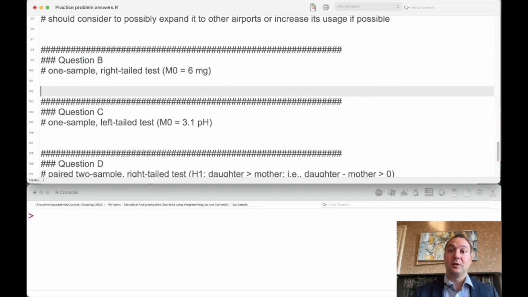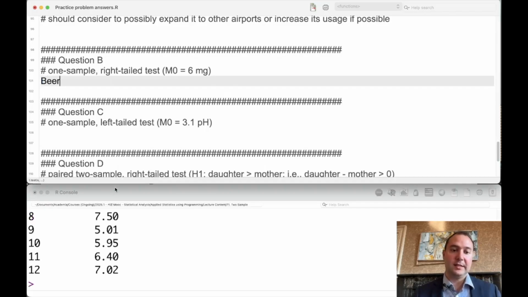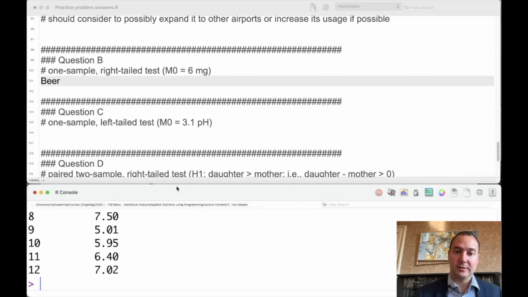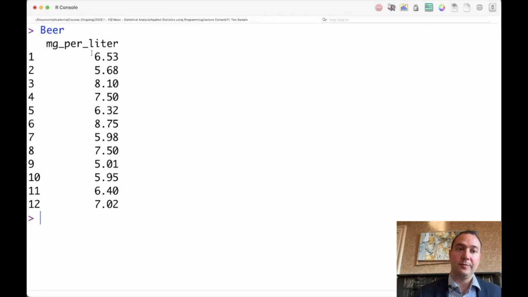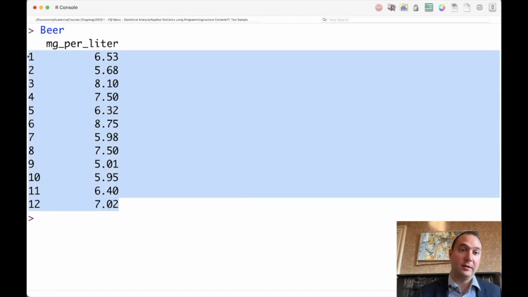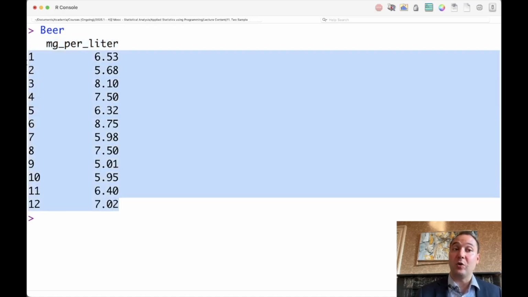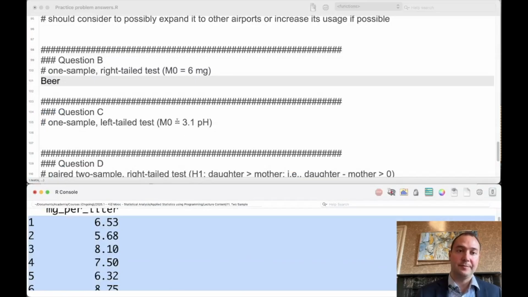So let's look at our data. Our data is called beer. Let's check what that looks like. Here we go. Here's our data. Let's look at the console. We have only 12 beers that we're checking. And each beer is listed with the milligrams per liter, but we have a very small sample, right? So, of course, we should use our t-test.